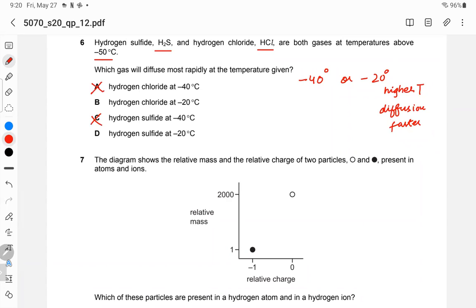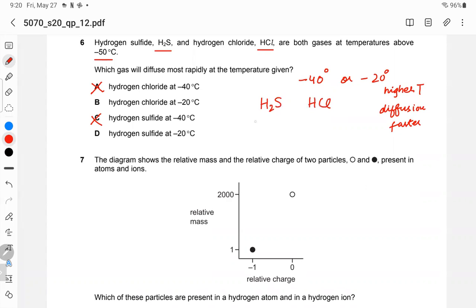Is this clear to everyone? Yes. Okay. Now, if we talk about the two gases at the same temperature, we have to look for their Mr. The one which has a lower Mr will diffuse faster.